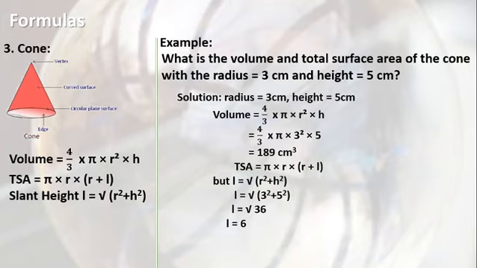Now that we have that, we can use the formula for the total surface area. We just insert values. Pi times r is 3 times r plus L, that will be 3 plus 6, and then we perform our multiplications and addition, and our final answer is total surface area is 85 centimeters squared.